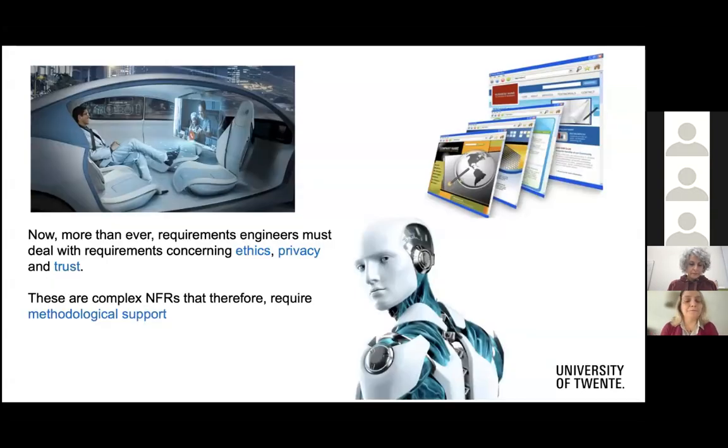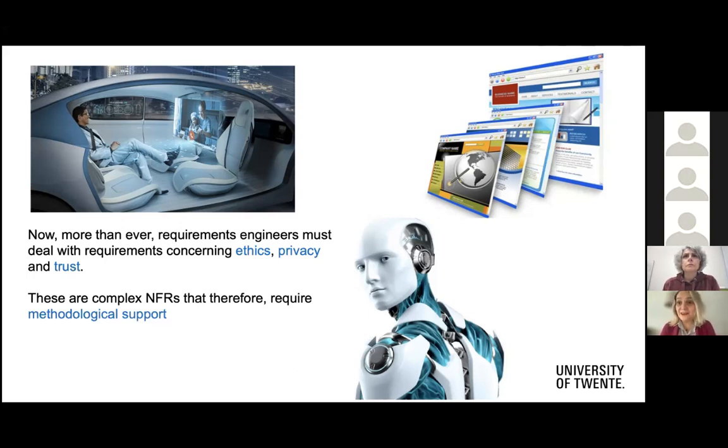So today we face the complexity of systems, especially AI systems and socio-technical systems, and we become more concerned with issues such as ethics, privacy, trust, security, and all these non-functional requirements that are kind of fancy.